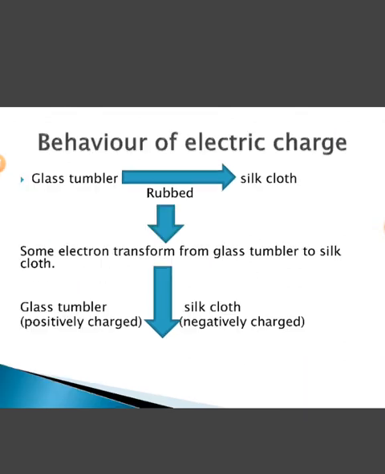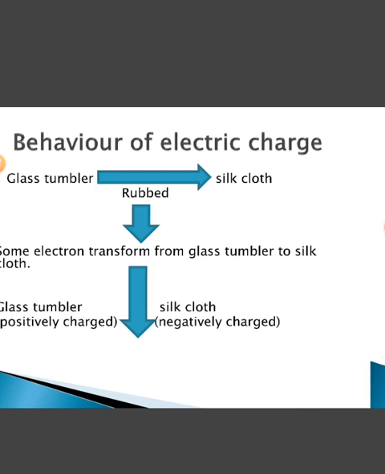But if you rub a silk cloth with a glass tumbler, what happens? Some electrons are transferred from the glass tumbler to the silk cloth, and that makes the glass tumbler positively charged and the silk negatively charged when you rub them together.